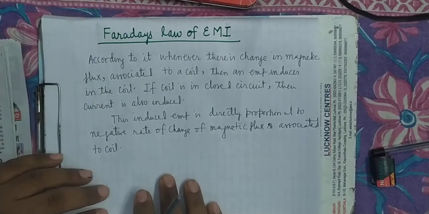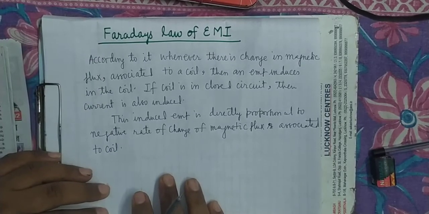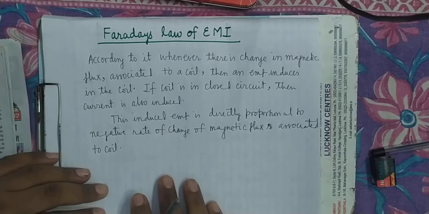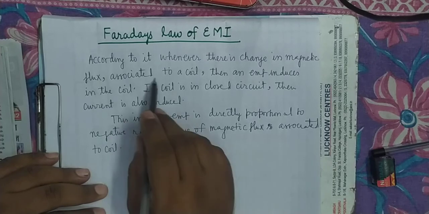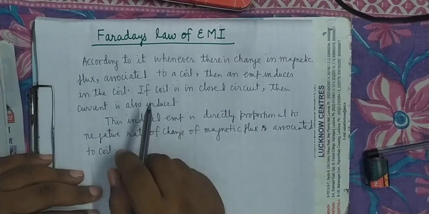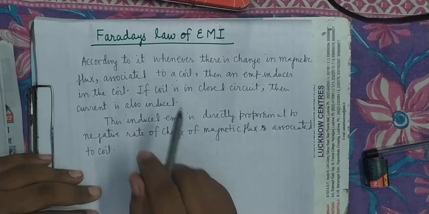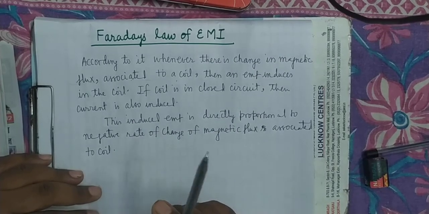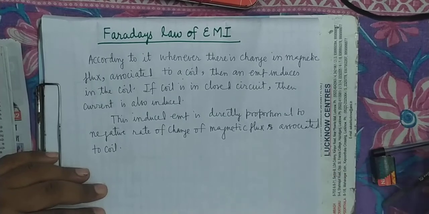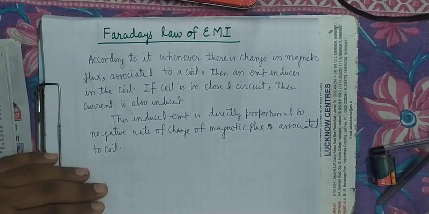What is Faraday's law of electromagnetic induction? According to Faraday's law of electromagnetic induction, whenever there is a change in magnetic flux associated to a coil, then an EMF induces in the coil. If the coil is in a closed circuit, then current is also induced. This induced EMF is directly proportional to the negative rate of change of magnetic flux.